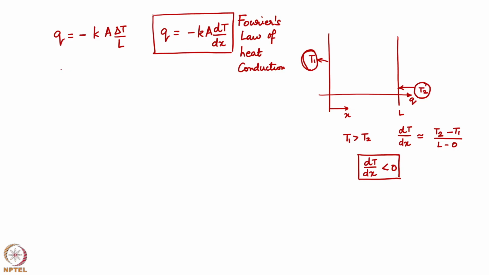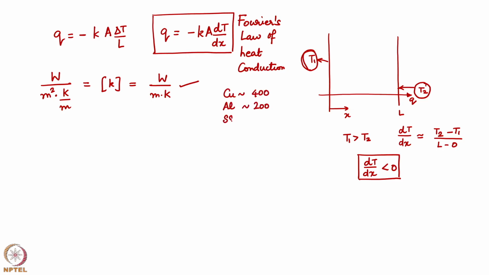And what do we say? K is thermal conductivity. For units, Q is in watts, area is in meters squared, and delta T is in Kelvin per meter. Therefore, the units for K are watt per meter Kelvin. SI units for thermal conductivity are watt per meter Kelvin. Typically, copper will have about 400, aluminium about 200, stainless steel about 15 to 18.